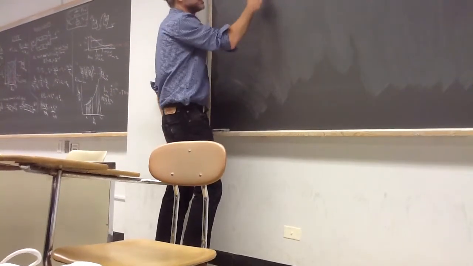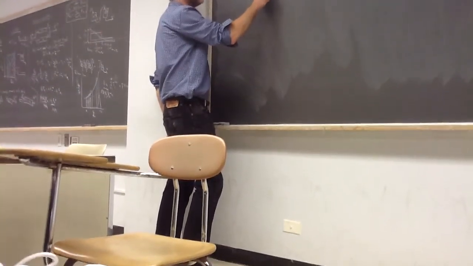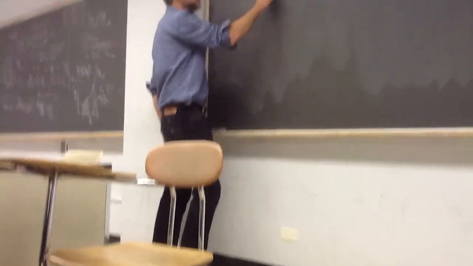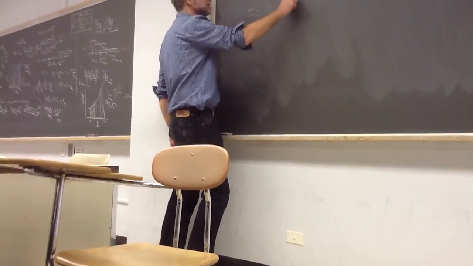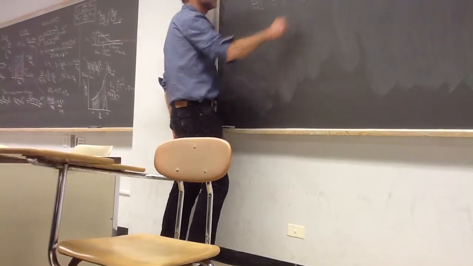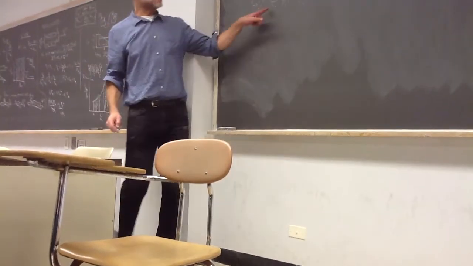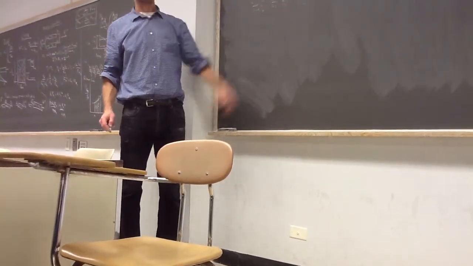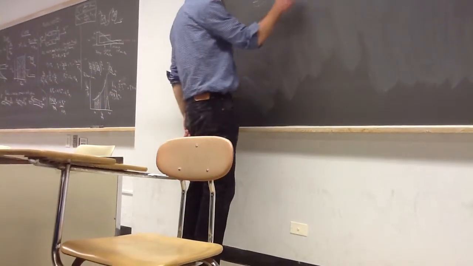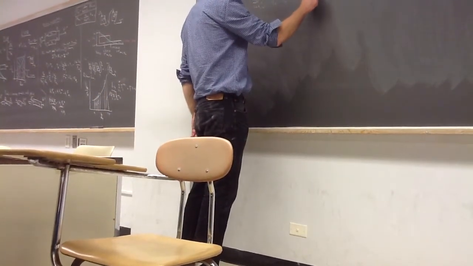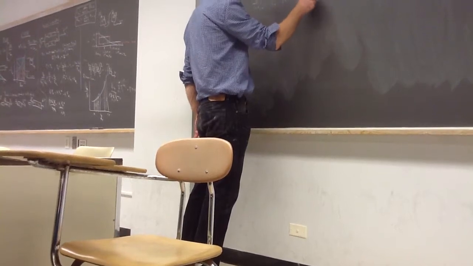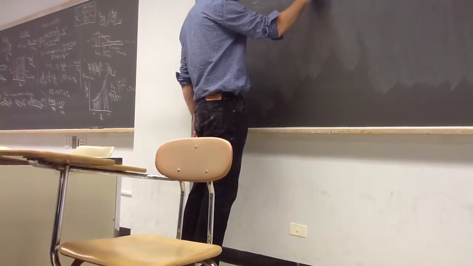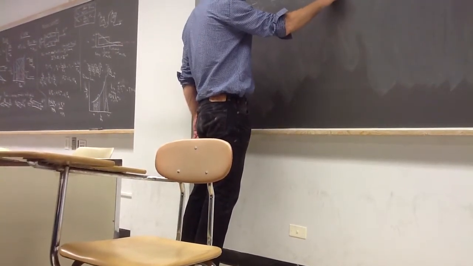So I have C in over C out is C in over C1, C1 over C2, dot dot dot, Cn minus 1 over Cn, because the C1s cancel, C2s cancel, etc. And each one of these, I know what it is. So this is just the product, J equals 1 to n, of 1 plus K tau J.